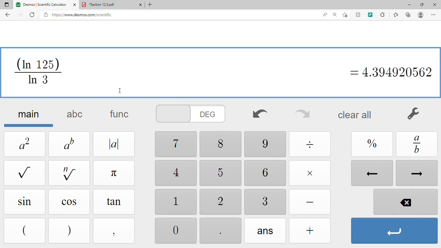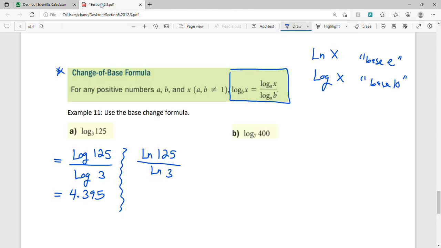It gives us the same answer, 4.395. So it's up to you. Which one do you want to use? Do you want to use log on your calculator, or do you want to use natural log? It will give you the same answer with the base change formula. I'm going to stick with natural log. I just find it a little bit easier to use, but it's really a matter of preference.